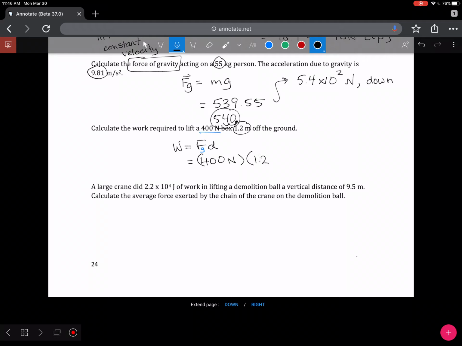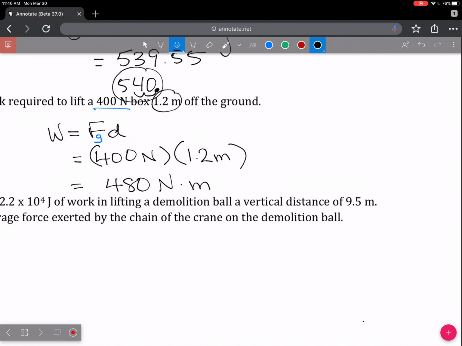So 400 times 1.2 is 480 newton meters. And we have 2 significant digits, so I'm just going to go 4.8 times 10 to the 2 newton meters.